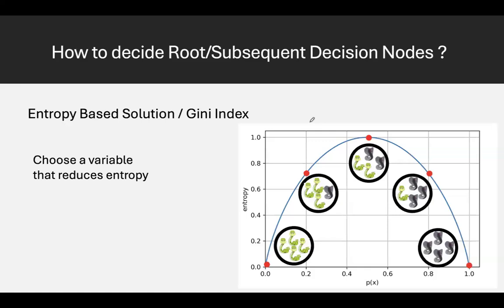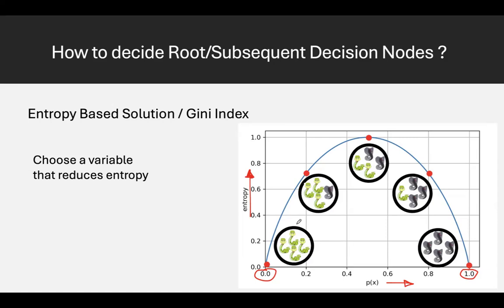The concept of entropy, I've already explained. So here, if I draw the graph between the probability of occurrence of an event versus the entropy, and entropy is, remember, the level of noise which is present in the system. If the probability is 0 or 1 for a certain event, for example, this circle contains snakes, and the black snake is poisonous and the other one is not poisonous.